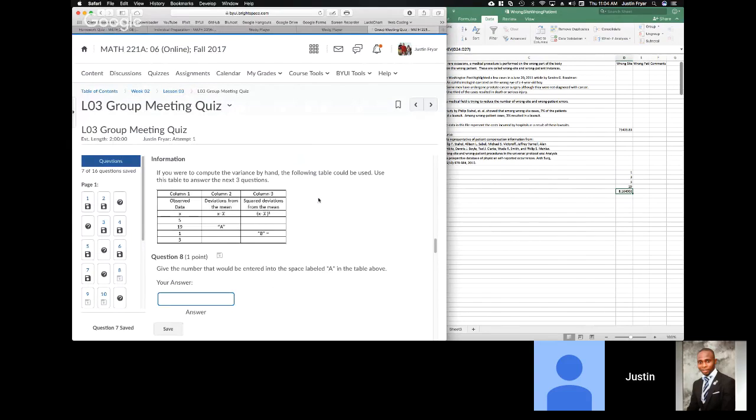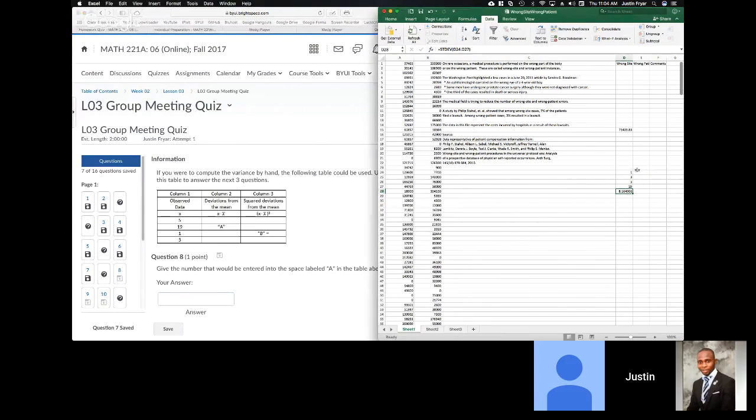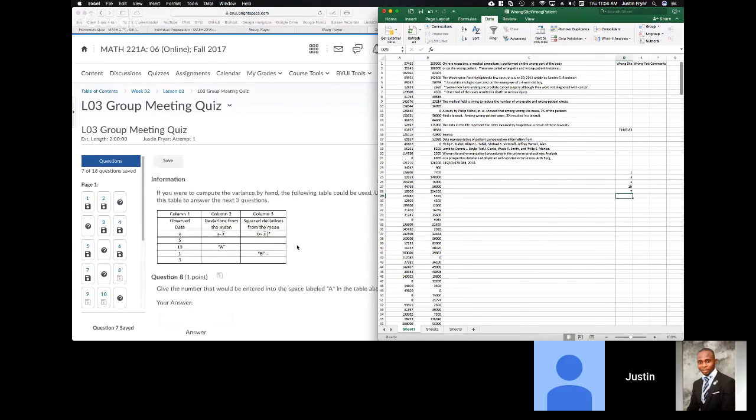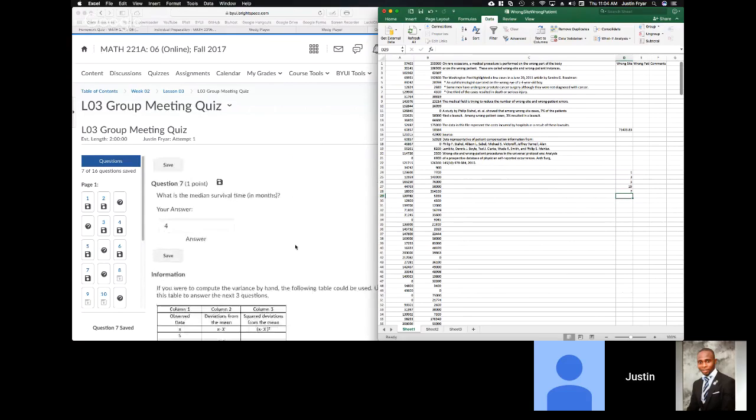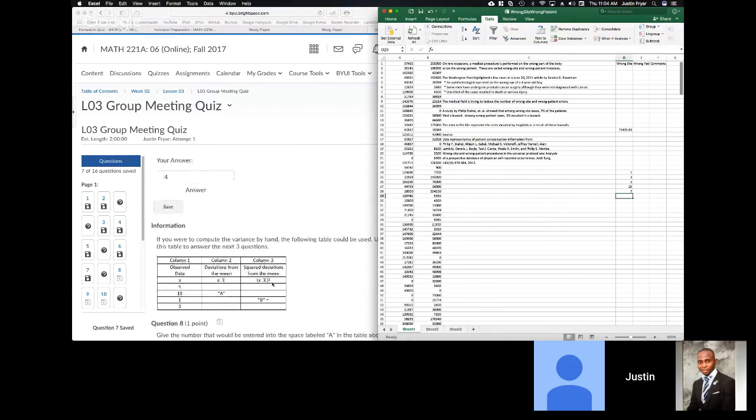Deviations from the mean. So let's figure out what the mean is. Okay, so that's our mean. And that's our median.